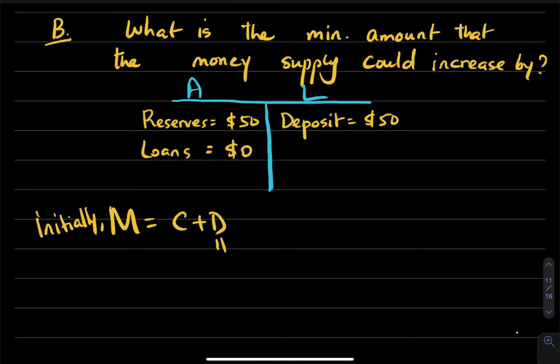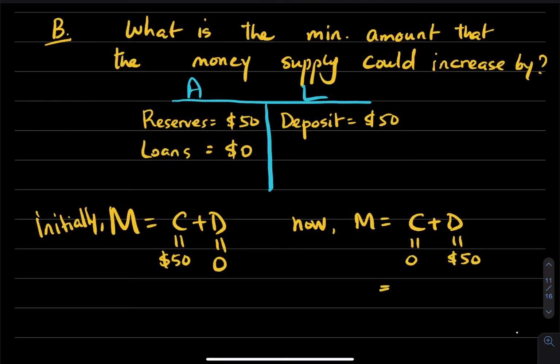You had not deposited anything initially, so currency was just the $50 that you found while doing laundry. Now, since you've deposited this money, you don't have any currency, but you have $50 in deposits, and the bank is choosing to hold all of those deposits as reserves, and therefore money supply is still $50.